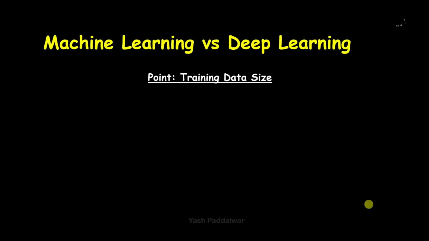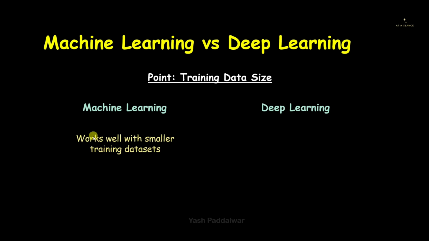So, let's start with the very first point, which is training data size. We will see in both cases how much training data is required, with an example. When it comes to machine learning, the best part is that it works well even if the training data set is small in size. Whenever you have limited data and you want to perform some modeling on it, you can use machine learning.